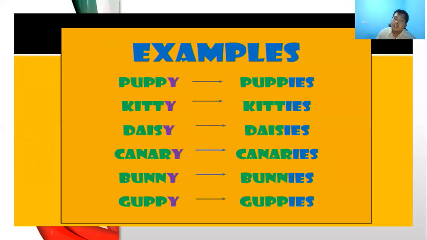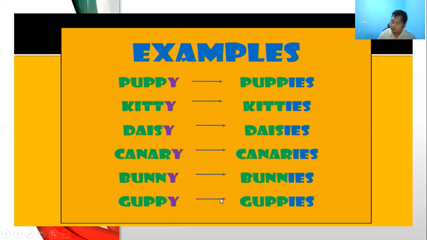Canary, bunny, guppy, all end with y, so change y to i and add es. So we have puppy, puppies, kitty, kitties, daisy, daisies, canary, canaries, bunny, bunnies, guppy, guppies.